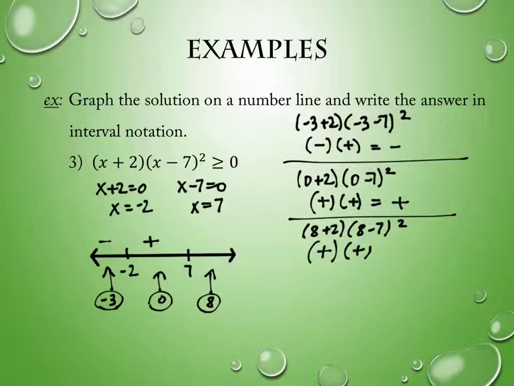Again, squaring makes it all positive, and that one was already positive, so I end up with a positive here. Okay, so everybody sees that they didn't alternate, right? Which values do I want? Do I want the positives or do I want the negative? I want the positives because this says greater than or equal to 0, right? That means positive. So these are my values.